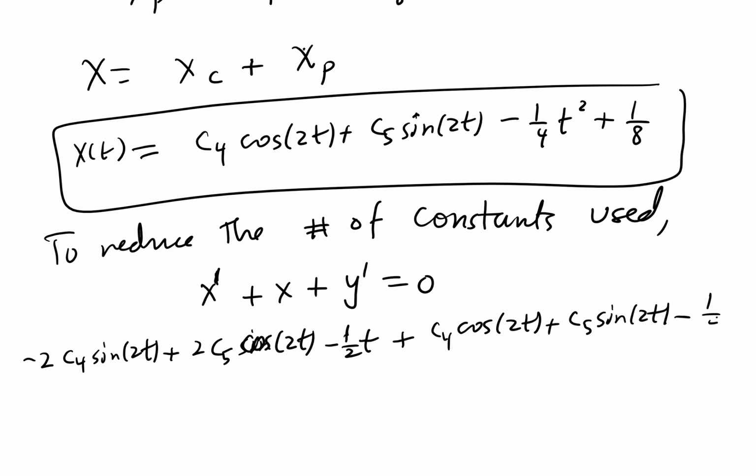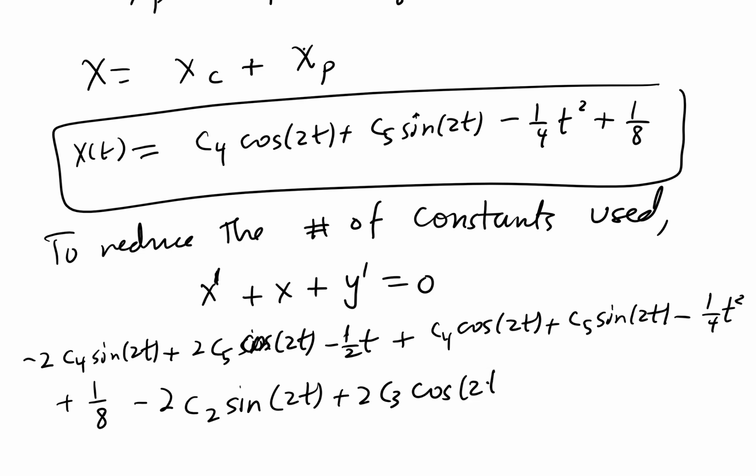minus 1/4 t squared plus 1/8 plus y prime, I'm looking at it here next to me, it's negative 2c2 sine 2t and then 2c3 cosine 2t plus 1/4 t squared plus 1/2 t minus 1/8, and the right hand side of the equation is 0.